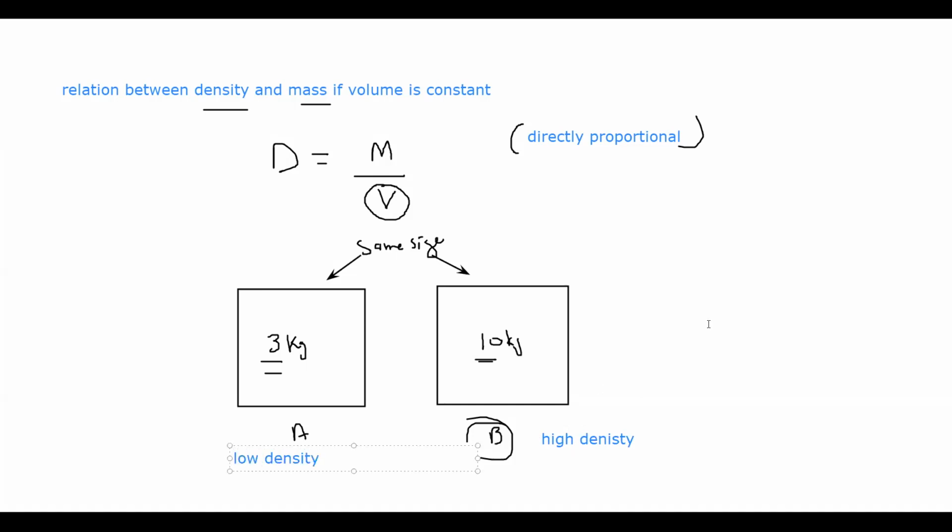So density is directly proportional to the mass of an object if the volume is kept constant. I mentioned in the beginning, both are the same size. So the one with greater mass will have higher density. Same thing. Take a screenshot. I'll move on.